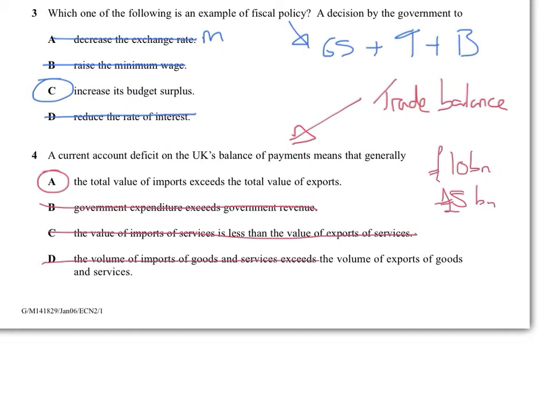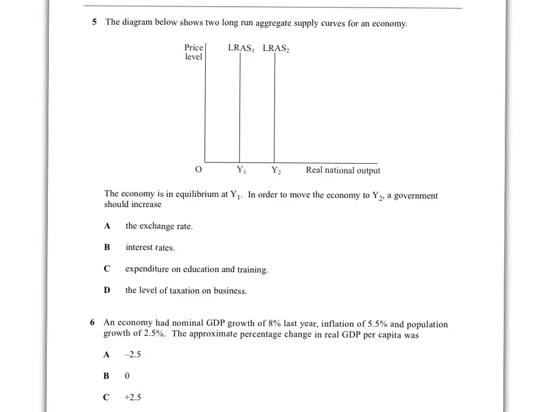Remember, when it says in volume, that means, for example, the UK could export loads and loads of pillows, and they might take up loads of volume, but they might not be worth very much. Whereas we might be importing loads of what will be small and valuable. I'm going to say diamonds. So we could be importing loads of diamonds. They might be small, but they're actually quite high value. So it's all about value, not volume.